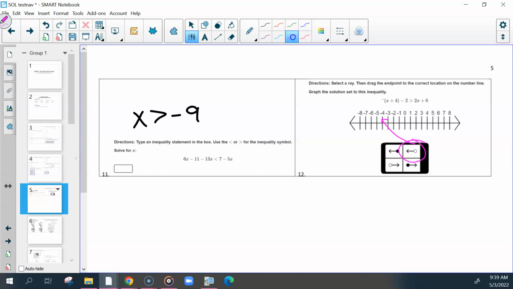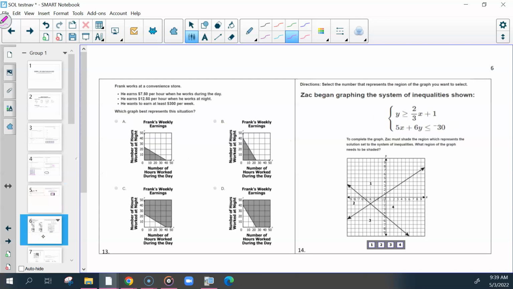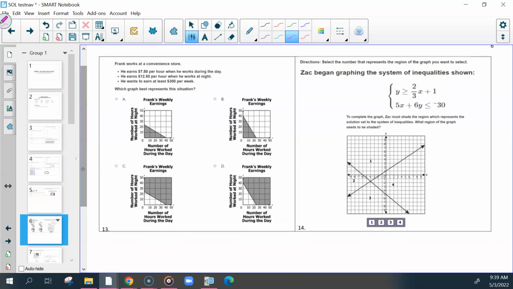For 13, this is one where you would need to be able to set up the inequality, and then once you set up that inequality, you could put it into Desmos and find which one matches, or look at the graphs given and find which one matches. So if he earns $7.50 per hour that he works during the day, and $12.50 per hour when he works at night, he wants to earn at least $300 per week.